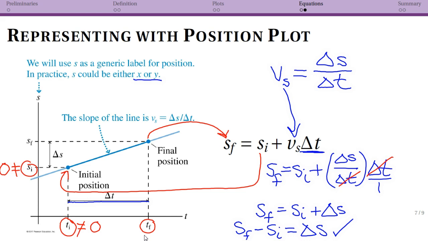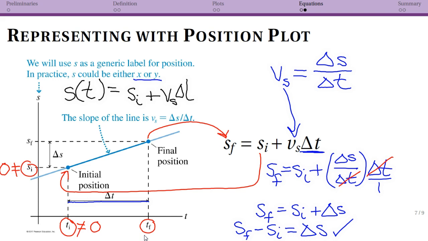So we can actually write this in a slightly different way, where I'm going to have some position that is a function of time is equal to my initial position plus my velocity times time.